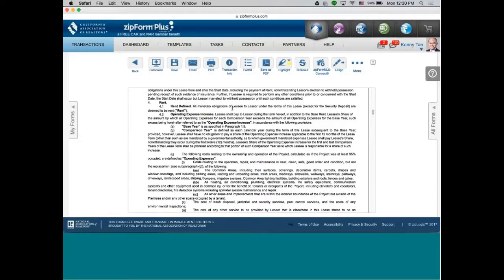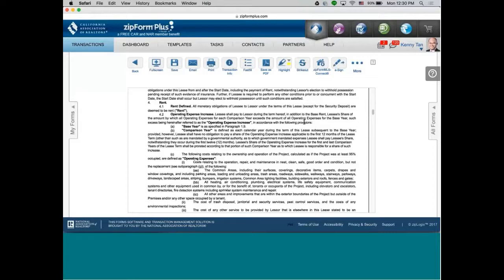Lessee shall pay to lessor during the term hereof, in addition to the base rent, lessee's share of the amount by which all operating expenses for each comparison year exceeds the amount of all operating expenses for the base year, such excess being thereafter referred to as the operating expense increase in accordance with the following provisions.